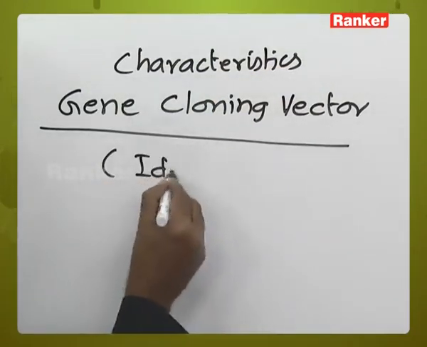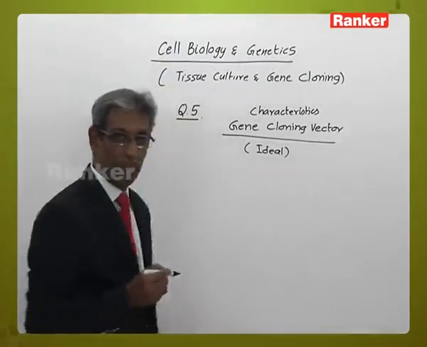What are the ideal properties of a gene cloning vector?